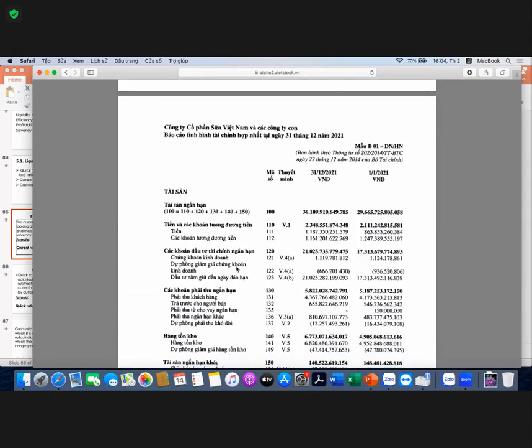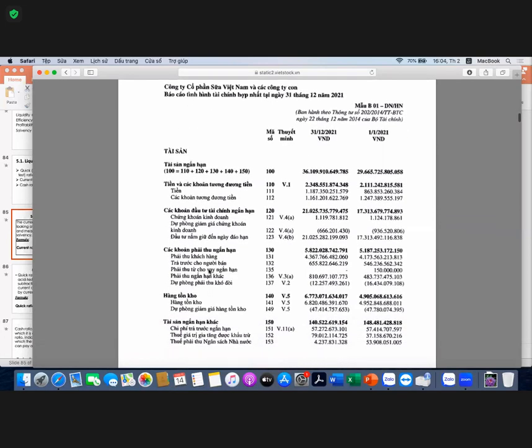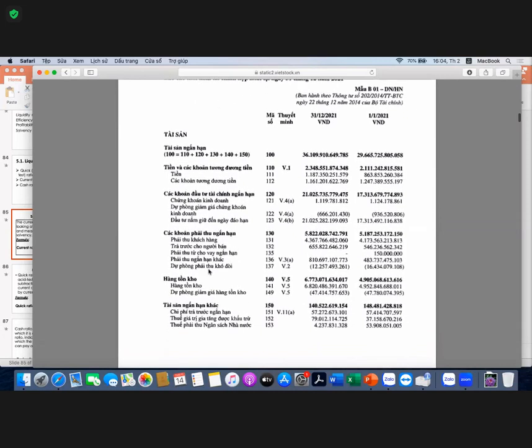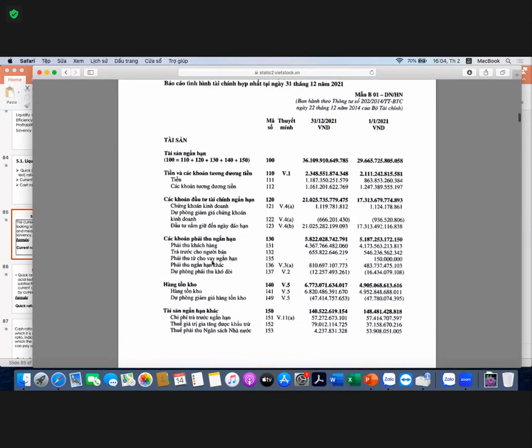Looking at the formula, to calculate this ratio it is current assets divided by the current liabilities. So look at this. Now, what is the current assets in this? What is the number that you have?